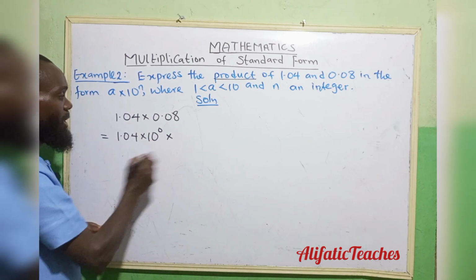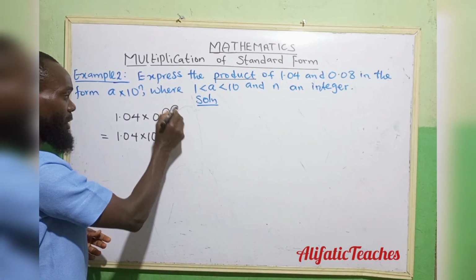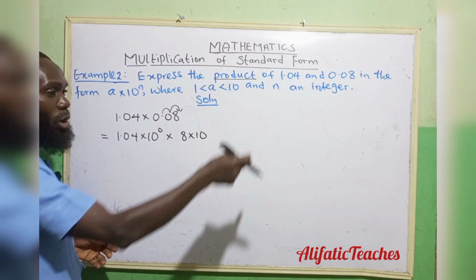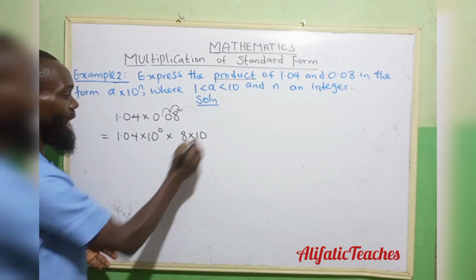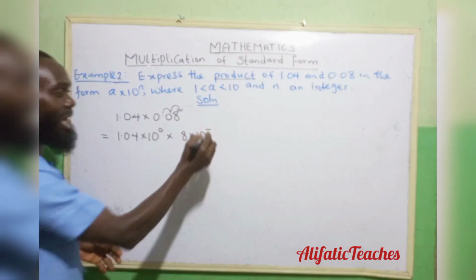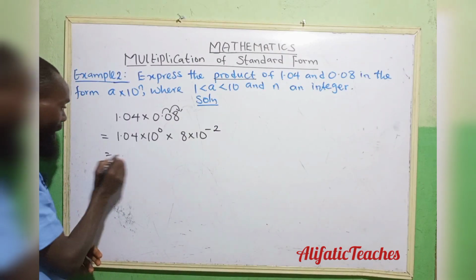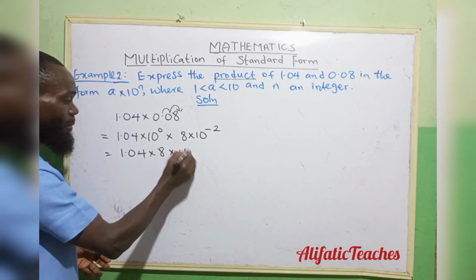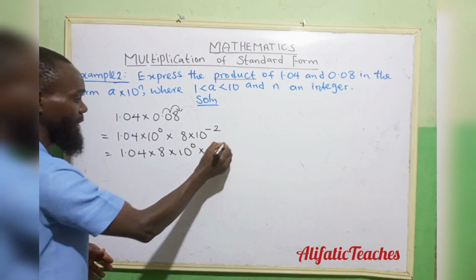So 1 times this value gives us back this one. Then multiply by 0.08, we move this point 1, 2. So 8 multiplied by 10 raised to the power, since we are moving backward, it's going to be negative, minus 2. So we have 1.04 times 8 multiplied by 10 raised to the power 0 multiplied by 10 raised to the power minus 2.